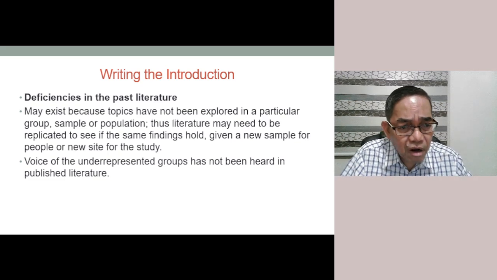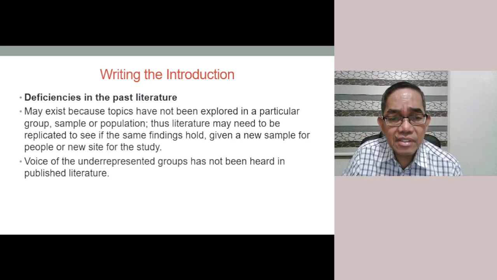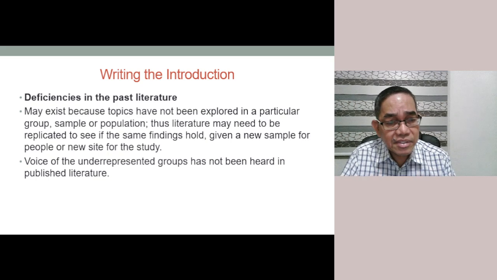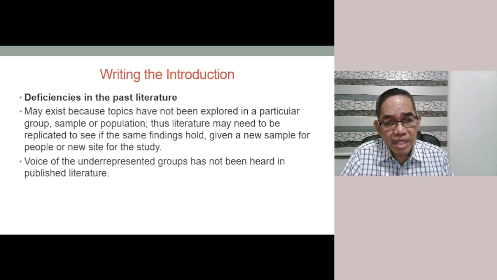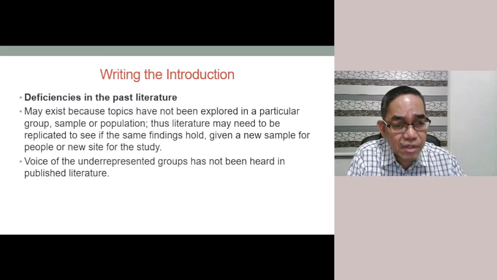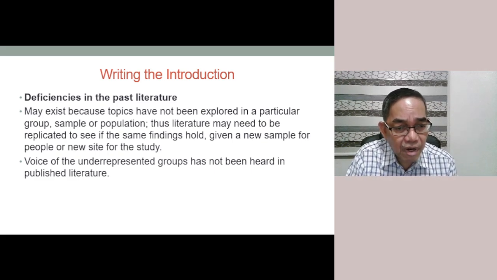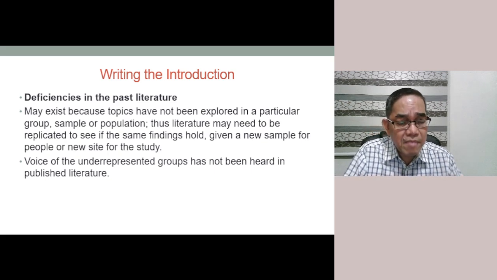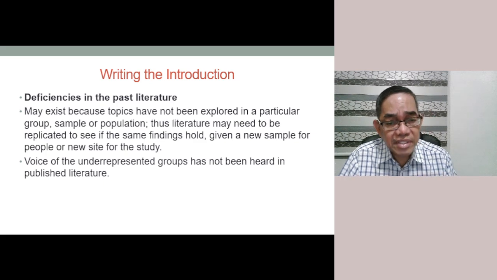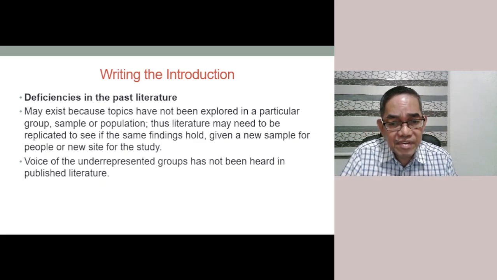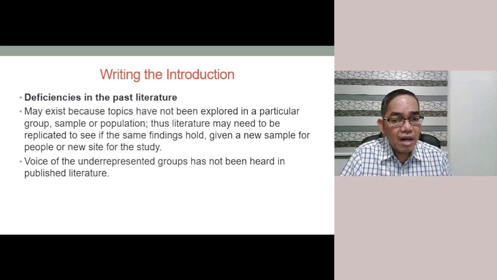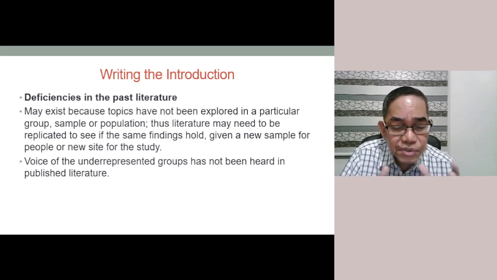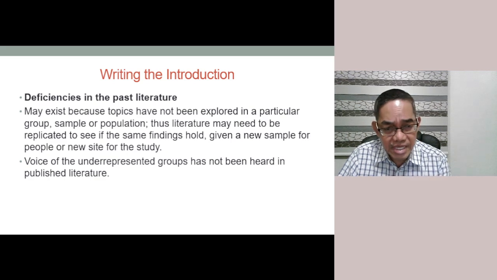We can also talk of deficiencies in the past literature. They may exist because topics have not been explored in a particular group, sample, or population, and so literature may need to be replicated to see if the same findings hold given a new sample of people or new site for the study.